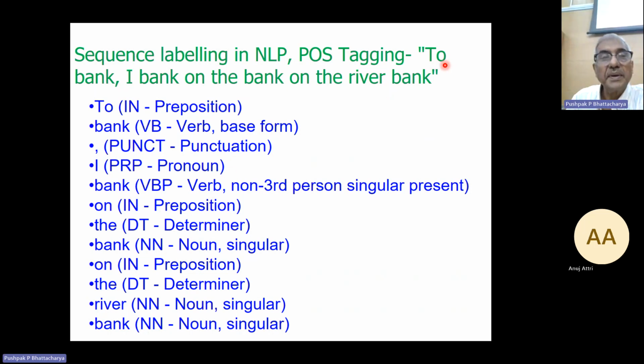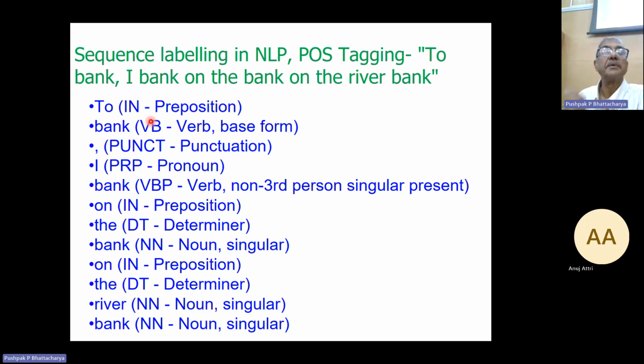So here also in the word sequence, there is a notion of transition probability and observation probability. So the observations are the words at every position. Okay, and states are the labels, the part of speech labels which are hidden.